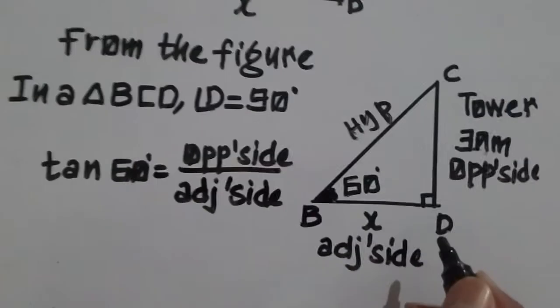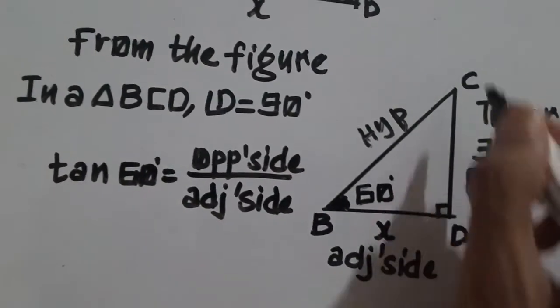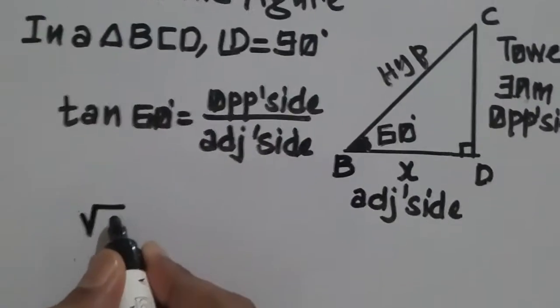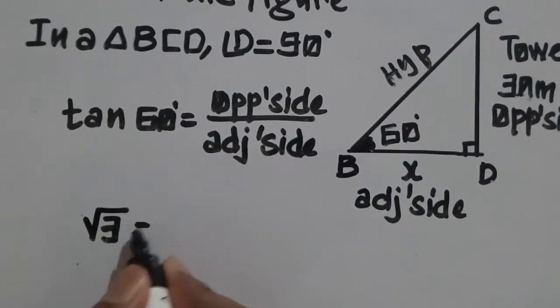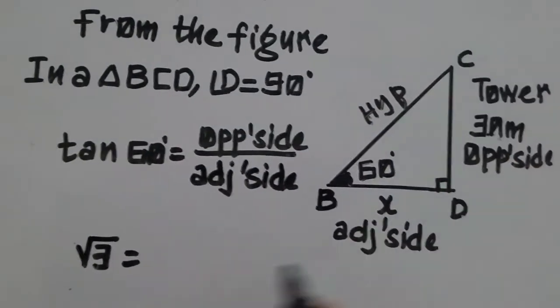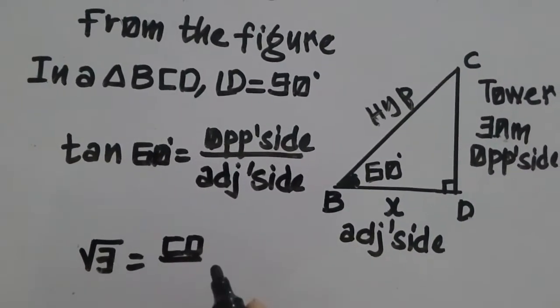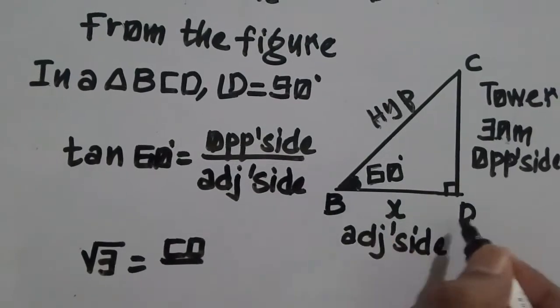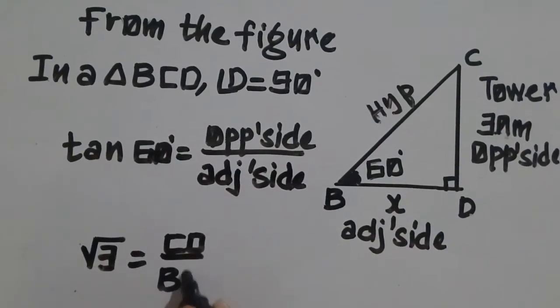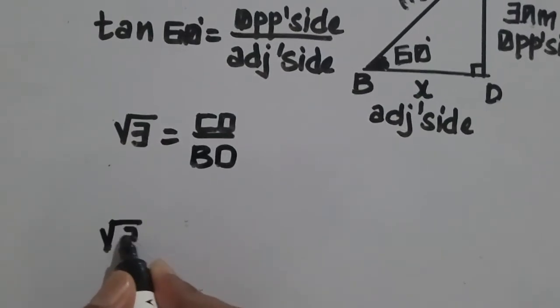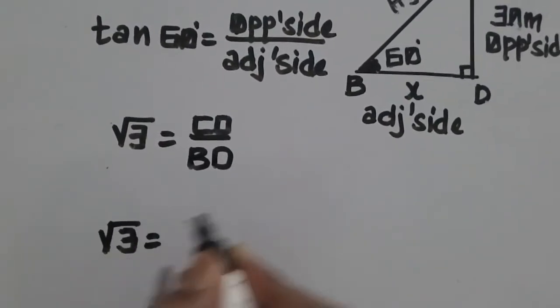Here the opposite side is CD, and the adjacent side is BD. Tan 60 degrees is equal to root 3, so root 3 is equal to CD by BD.